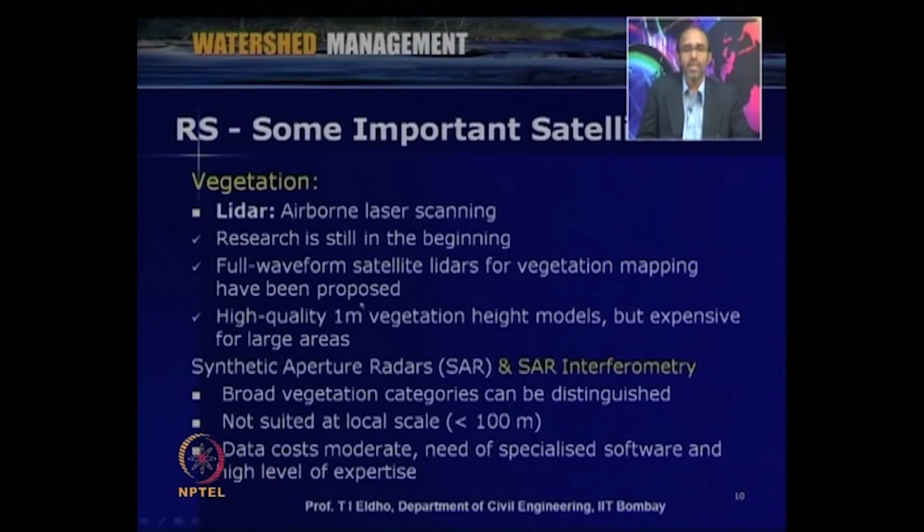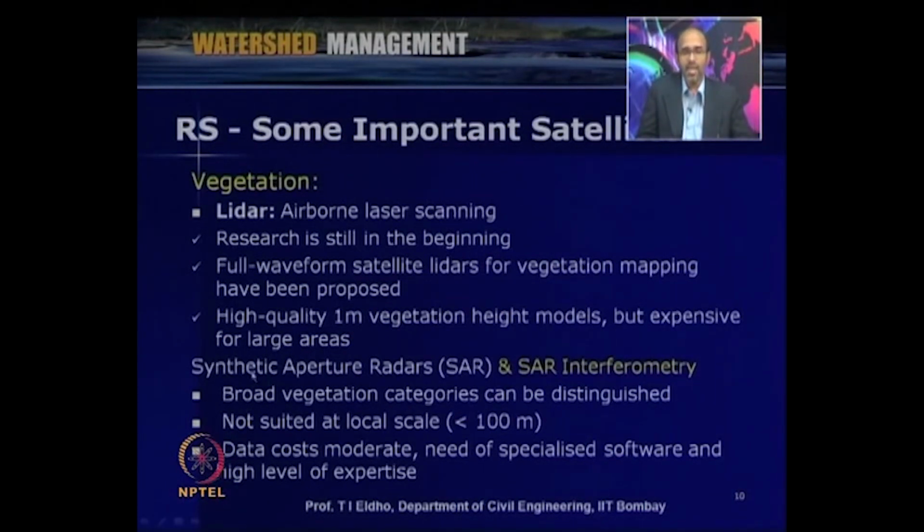Agencies like NASA, the European Space Agency, and the Japanese and Indian space agencies are now in the process of launching further LIDAR related satellites and getting the data. Full waveform satellite LIDARs for vegetation mapping have been proposed. We can obtain high quality data even at 1 meter resolution, but this data will be expensive, and for larger watersheds or river basins it is difficult to get, but for small areas we can get the data and process it.